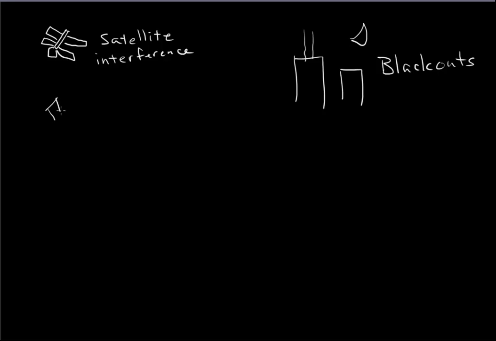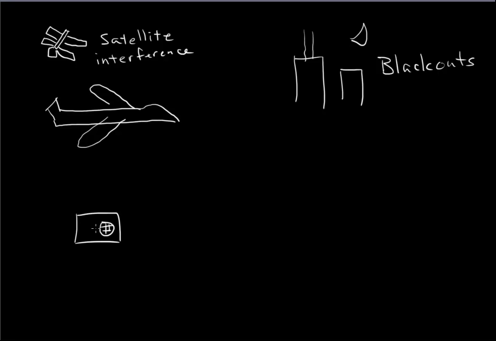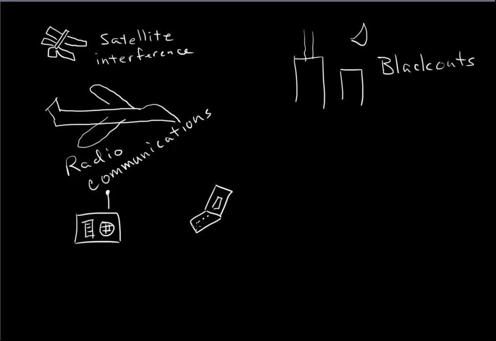It will also interfere with communications like radio waves. So it goes beyond whether or not we can listen to the radio, but radio communications. So airplanes may have trouble communicating with the land. Also, it will interfere with our cell phones.